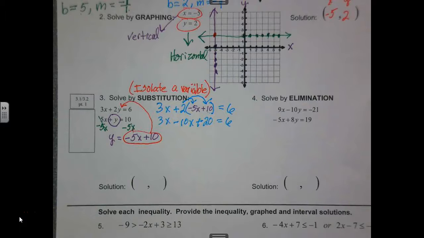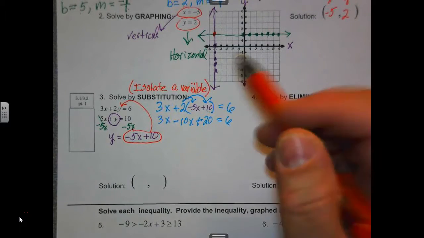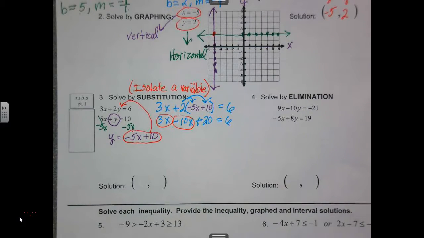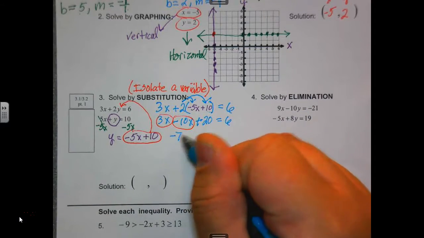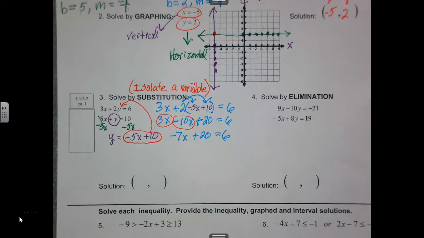Okay. Devin, do you have a question? All right. Sorry, solve for x, right? Let's see. I have 3x and a minus 10x gives me minus 7x. Subtract 20.